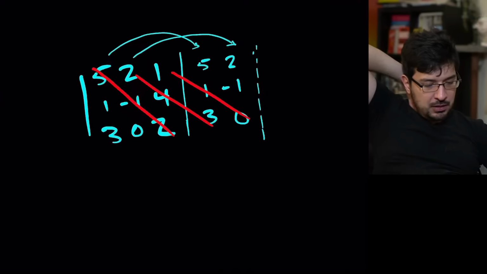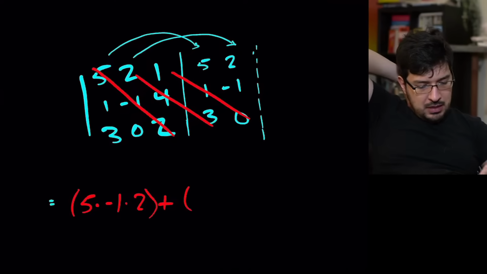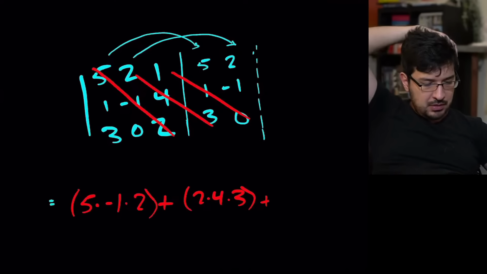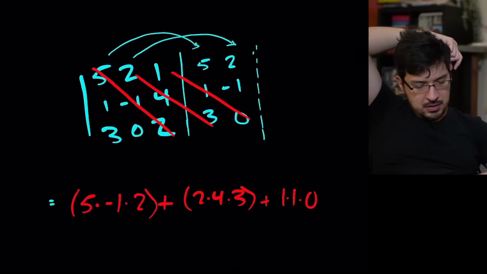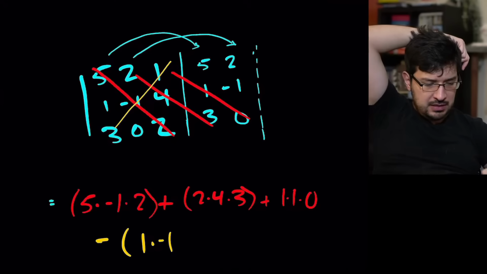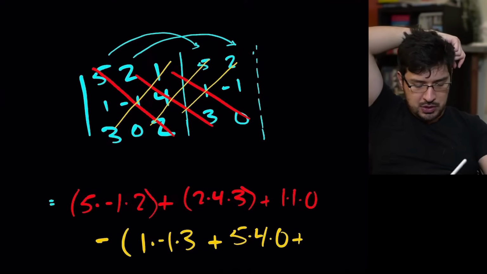This is going to equal 5 times -1 times 2 plus 2, 4, 3, plus 1, 1, 0, minus, let's do this in yellow, minus 1 times negative 1 times 3 plus 5, 4, 0, plus 2, 1, 2.